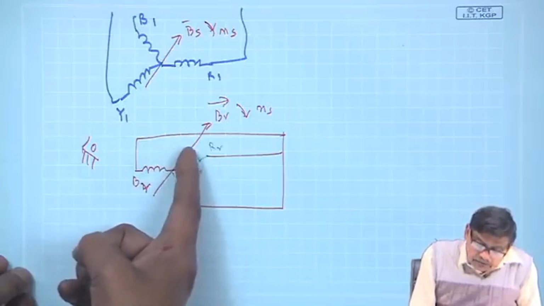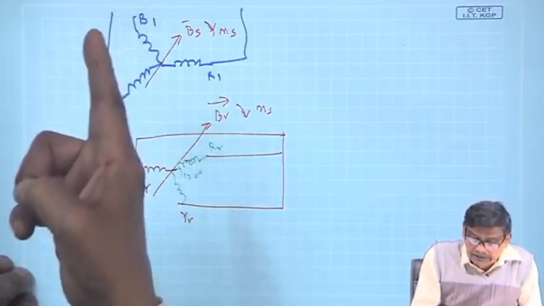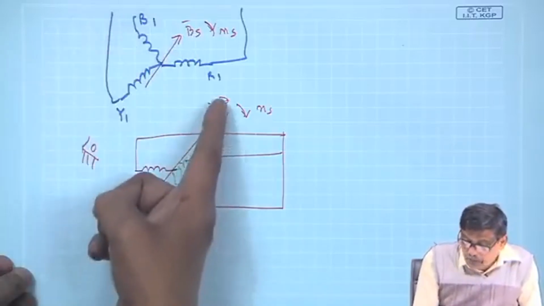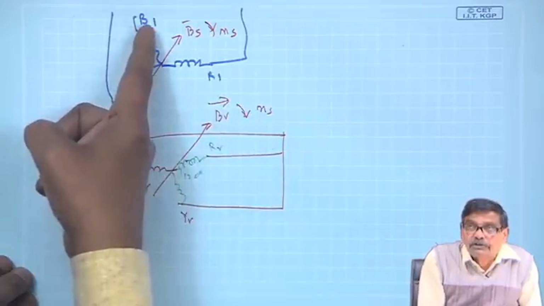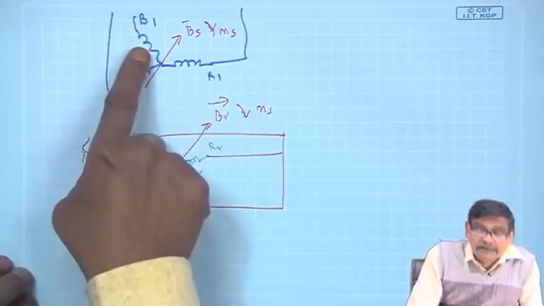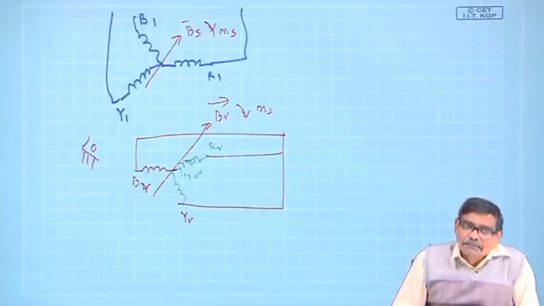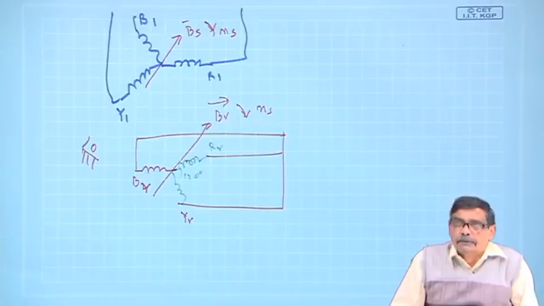Is Br going to induce voltage in the stator coils? Yes, because the stator coil is stationary and Br is moving with speed Ns with respect to the stationary coil. Apart from that, Bs is inducing voltage here. So, these are the issues now. We must know very clearly what is then going to happen.